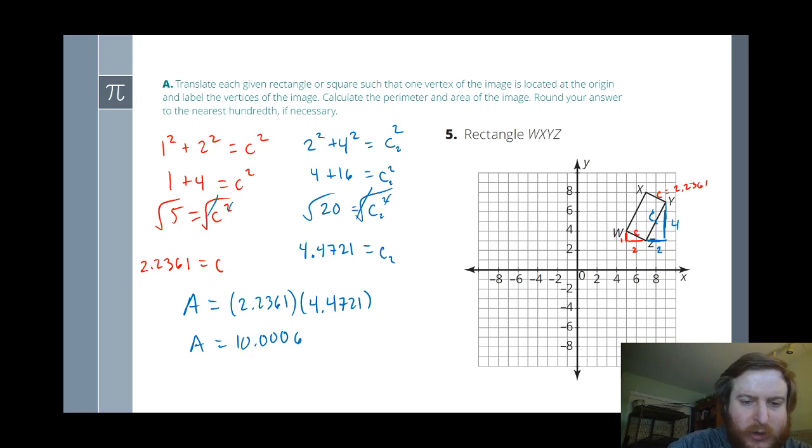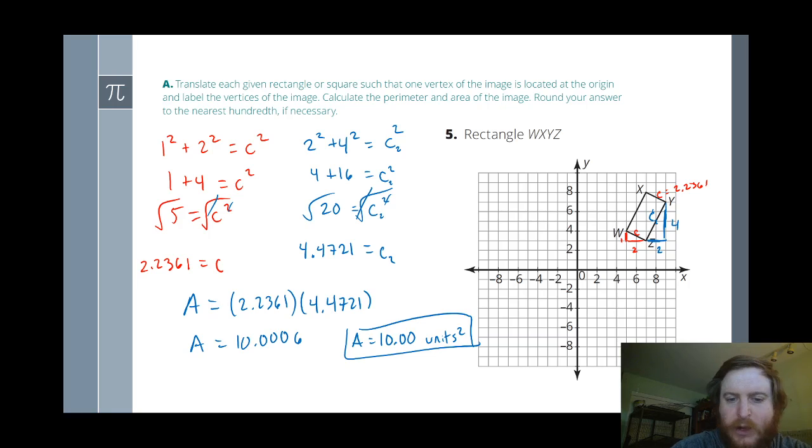So to the nearest hundredth, this is 10.00 units squared. Now be careful. It's not 10. 10.00 means that there are more decimals later. So that is kind of a little important trick. If you put 10, I'm going to give you full credit, but just be careful about that.